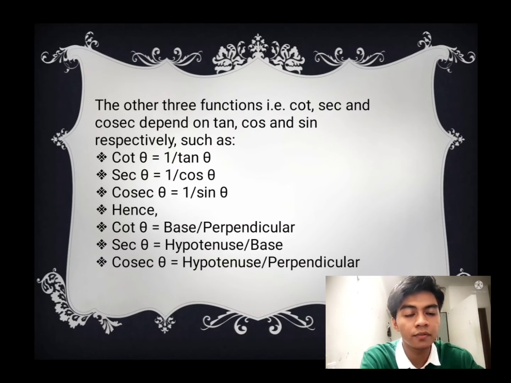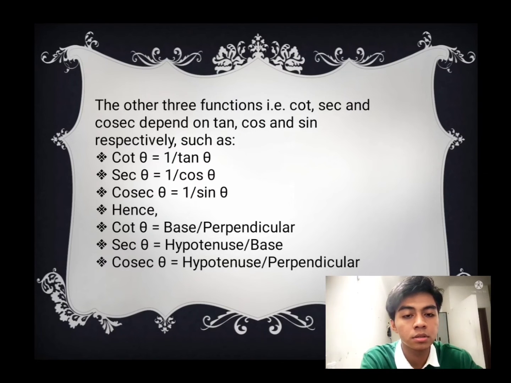The other three functions, cot, sec, and cosec, depend on tan, cos, and sin respectively, such as cot theta equals 1 over tan theta. Sec theta equals 1 over cos theta.